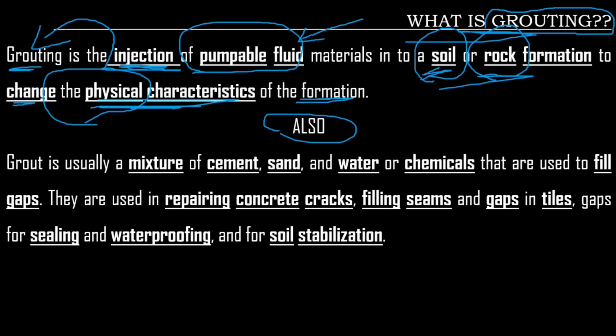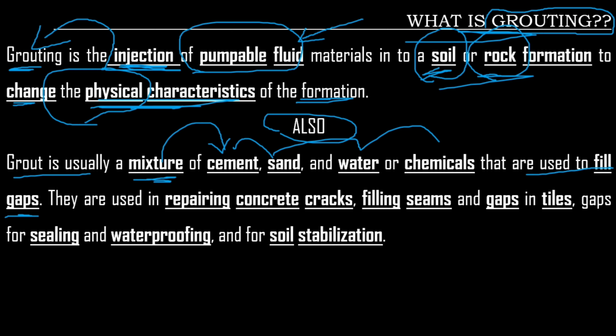In other words, grout is a mixture of cement, sand and water, or chemicals, used to fill gaps. Here we also introduce one thing. Sometimes in a substructure, for some reason, there are many gaps or cracks. When we need to repair that type of crack or gap, it is also represented as the grouting process.